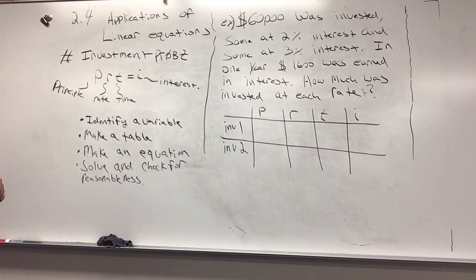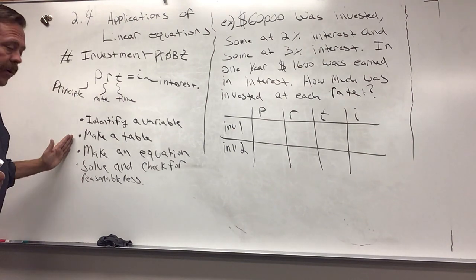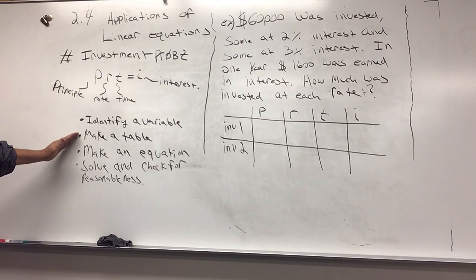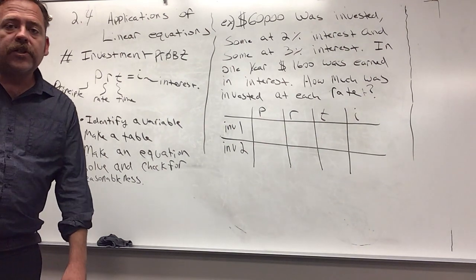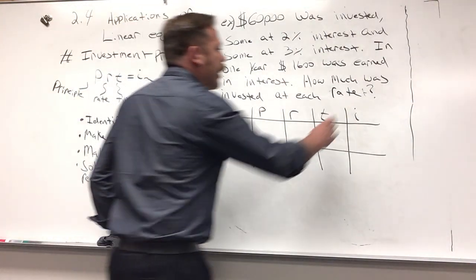All right, so look at these steps. They should look familiar. We want to identify a variable. We want to make a table. We want to make an equation, and we're going to solve and check for reasonableness, just like before. Okay.